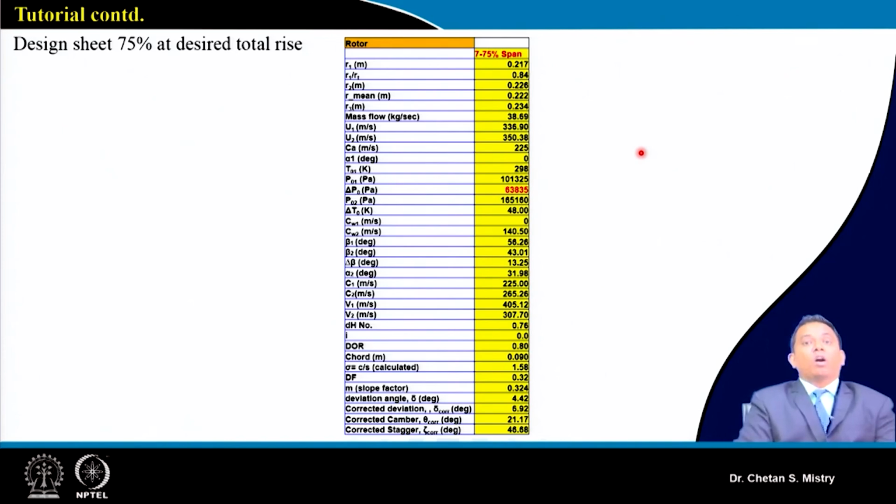We have done all our calculation at 75% of span. So here you can see what we have done. We have assumed our pressure ratio at the mid station, or 75% span, as what we are looking for. Based on that, we have calculated delta P0 and delta T0.